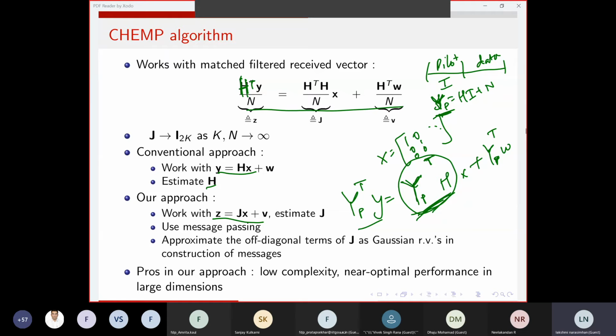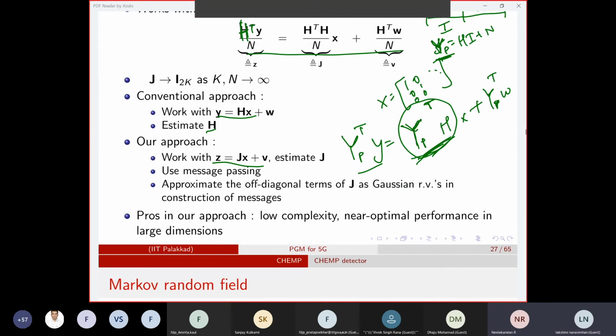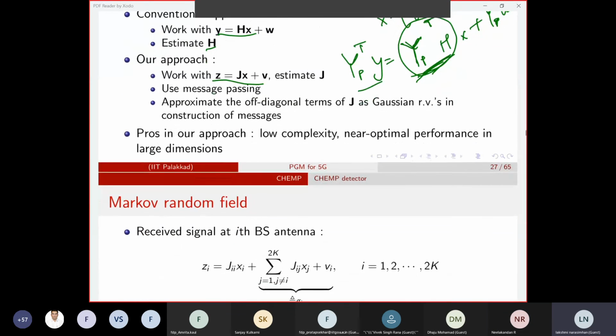So this helps improve the performance of the system when the channel knowledge is not perfectly known. Anyway, I'll not get into the details of channel estimation because that does not come under the graphical model aspect. Yes, that's a good question.